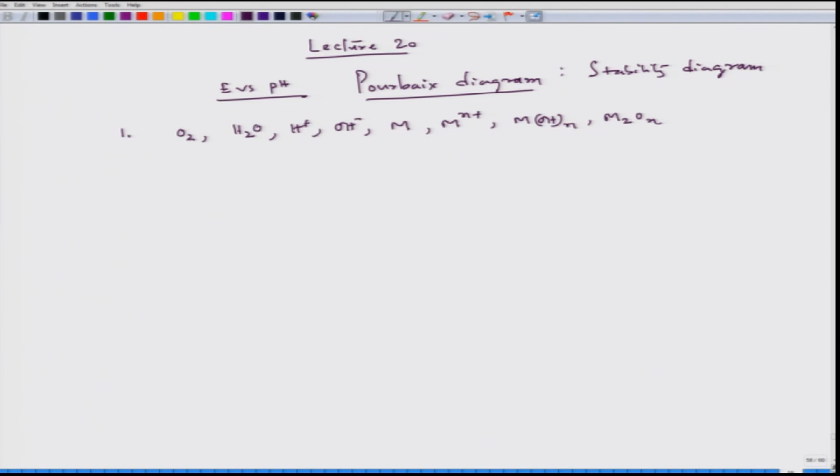So, here we are talking about only this kind; there could be several complex oxides involving these many species. And remember, we will not consider any other species.